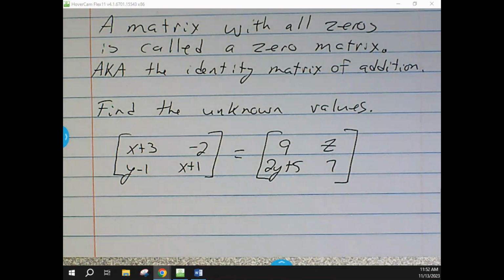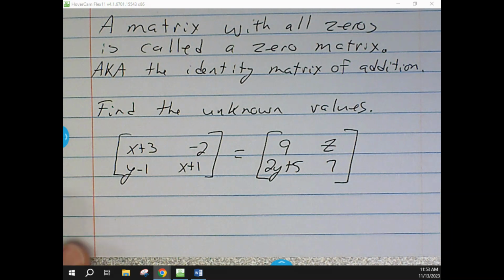Okay, so there's our problem we're looking at. Okay, so if you've got something like this and they're asking to solve the different values here, you're going to do kind of like the addition part.